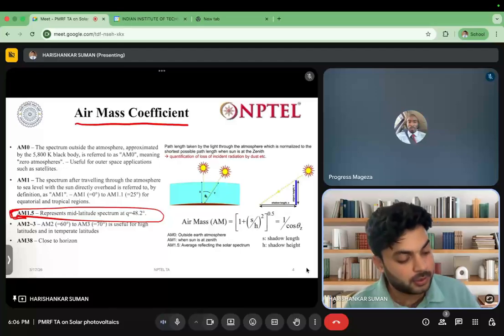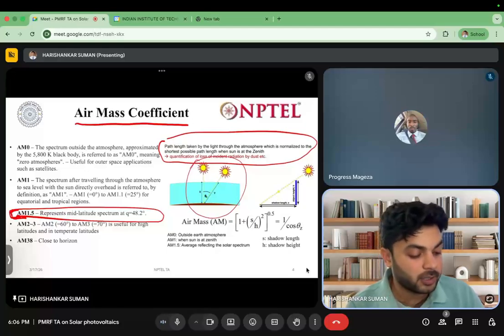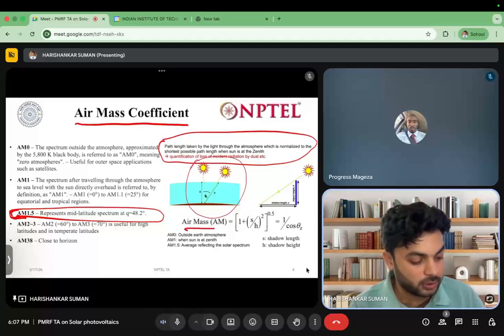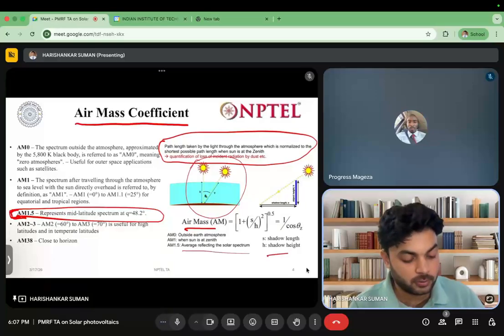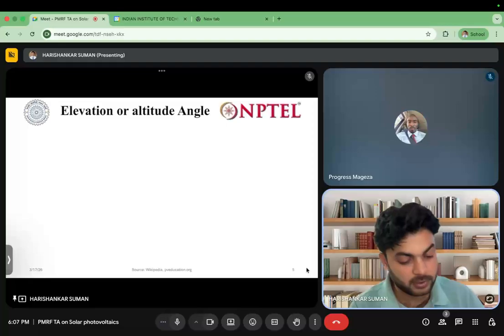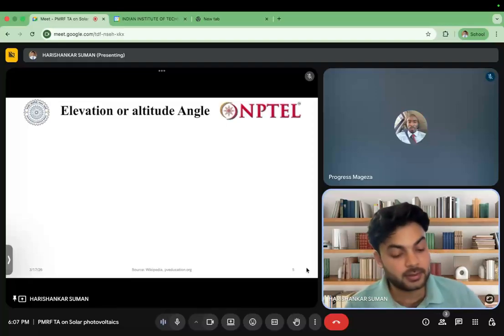Air mass coefficient is the definition. Okay, see this length by the direct path toward the sun at any time, and this is 1 upon cosine theta z. So please remember this formula also. A question may ask this.